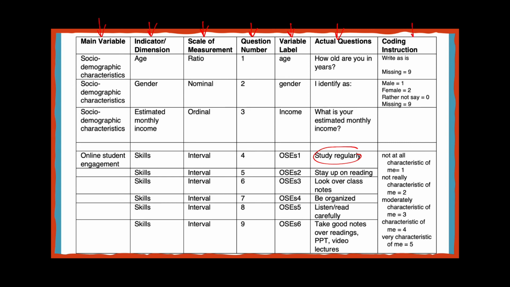For example, write as is. So if they write 25, then you just write 25, and if they have no answer, then you write 99, sorry, because if you expect 2 digits, then it has to be 2 nines, no?